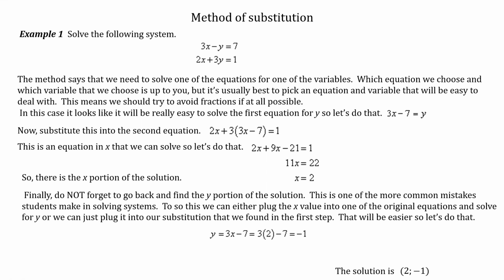We can either plug the x value into one of the original equations, in our case this equation, and solve for y, or we can just plug it into the substitution that we found in the first step, and we find the value of y. The solution of the system is a pair of x and y values. So the solution is 2 and -1.